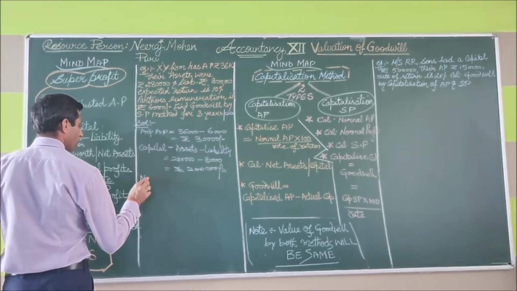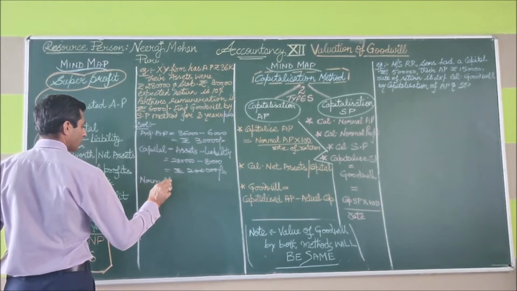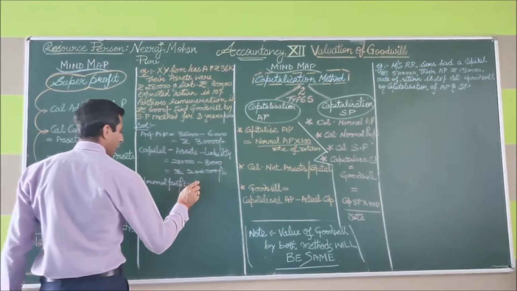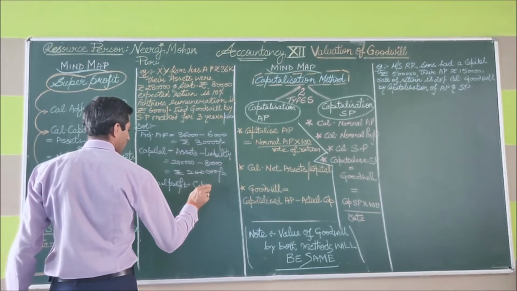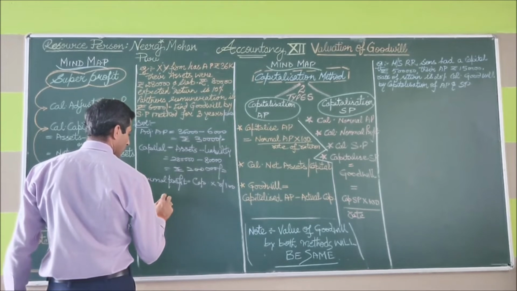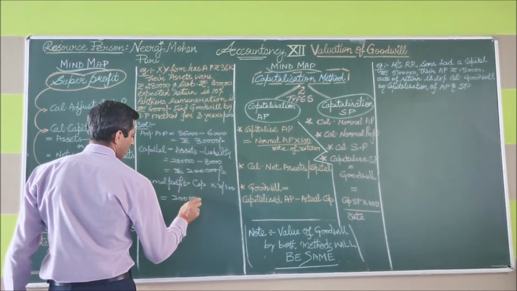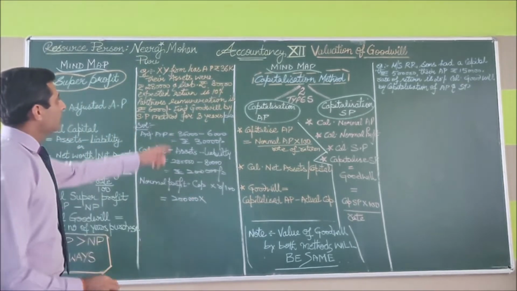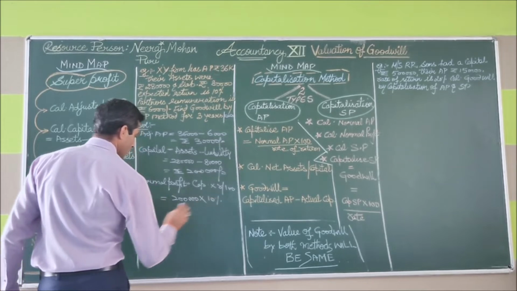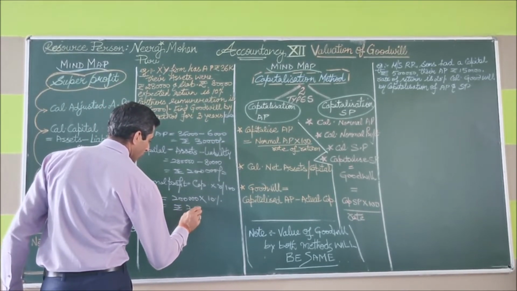Normal profit also means the expected profit. So the normal profit formula is capital multiplied by rate upon 100. Our capital is 2 lakh rupees. Rate of return in the question is 10%. So normal profit turns out to be rupees 20,000.